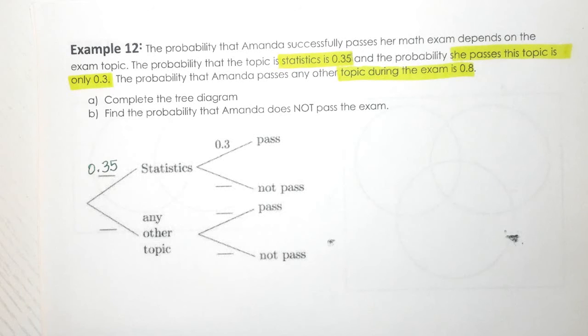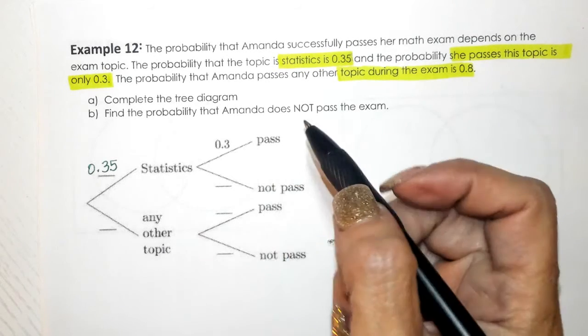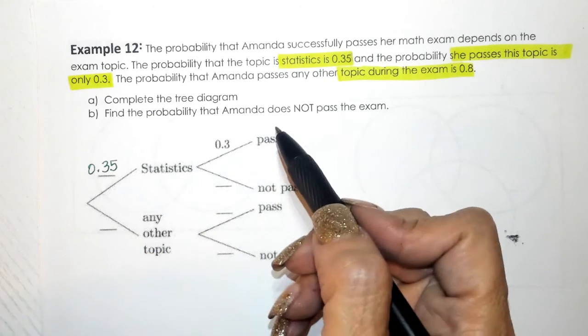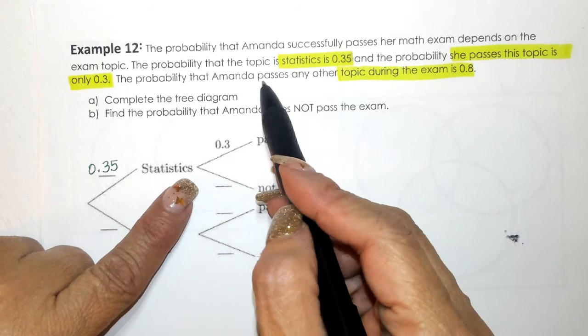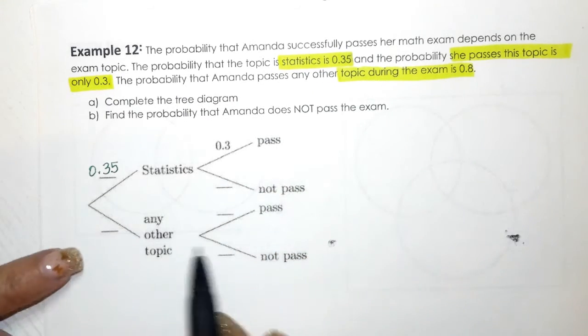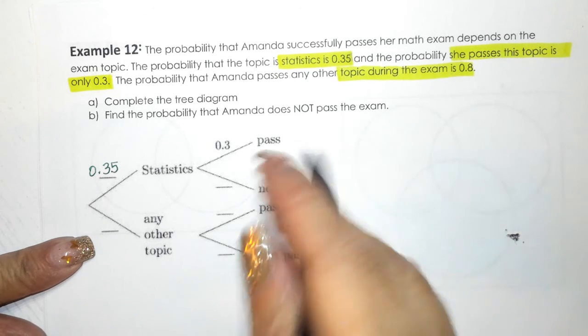Okay. Then it said she passes this topic is 0.3. So here's our 0.3. So she goes up there. Then the probability that Amanda passes any other topic during the exam, any other topic, is 0.8.